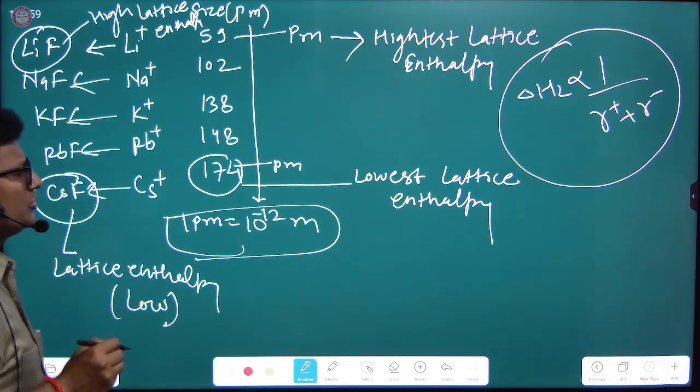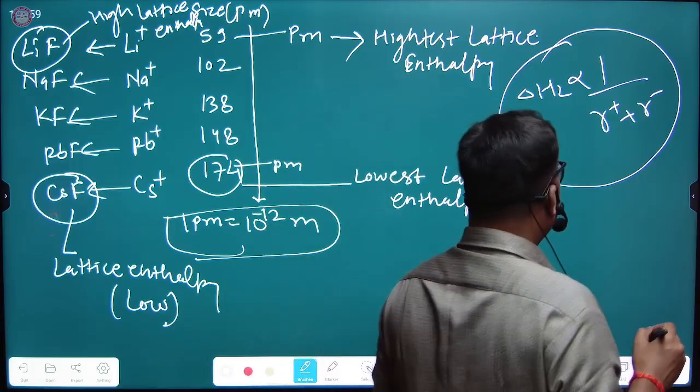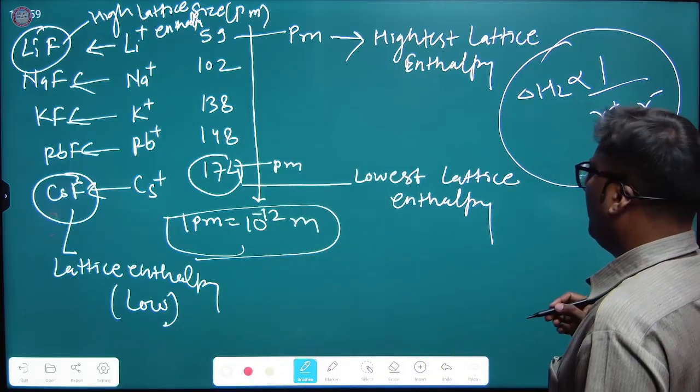In this way we can predict the lattice enthalpy.